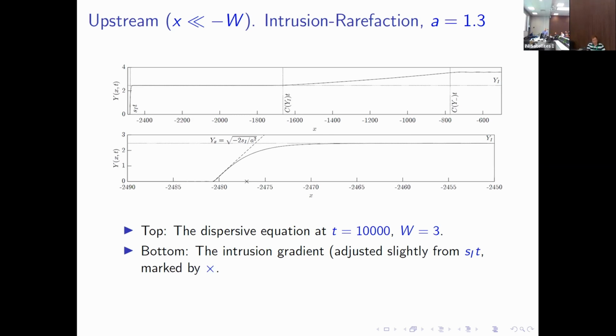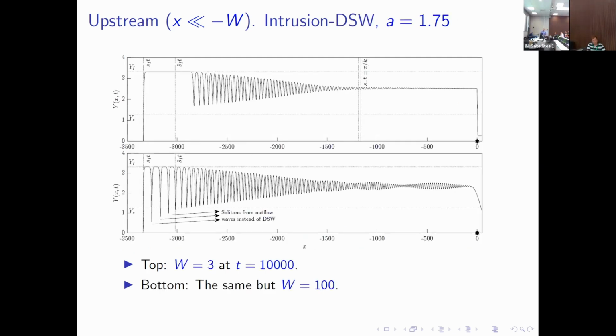And of course, you just check that the slope of the intrusion is what you'd expect from that dispersive equation. If we increase the vorticity in the flow just a little bit, to 1.75, you can see the unique intrusion there that determines that height. Now that height is higher than the value of the flow coming out from the origin, and so they're linked by a dispersive shock wave.